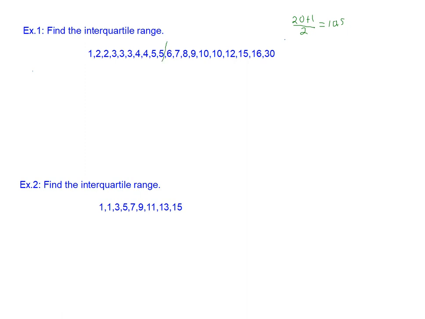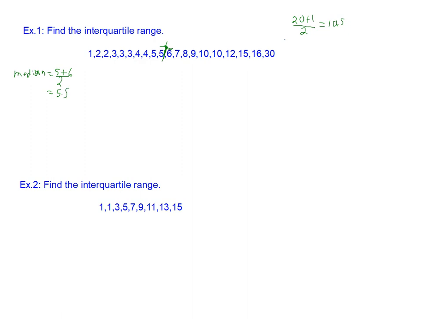Let's just double check. 1, 2, 3, 4, 5, 6, 7, 8, 9, 10. It does. So this is the midpoint between the two. So the median is just the average between those two data points. The median here is going to be 5 plus 6 divided by 2. I know you probably don't need to see this written down, but we'll do it anyway. So 11 divided by 2 is 5.5, so that gives us the median.